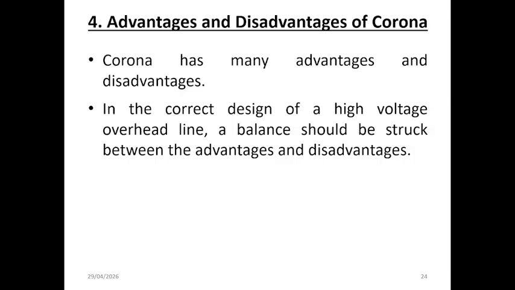Therefore, in the design of overhead transmission lines, you must carefully balance these competing effects. The goal is to minimize the negative impacts while still taking advantage of the protective characteristics of Corona, leading to an optimized and reliable system design.